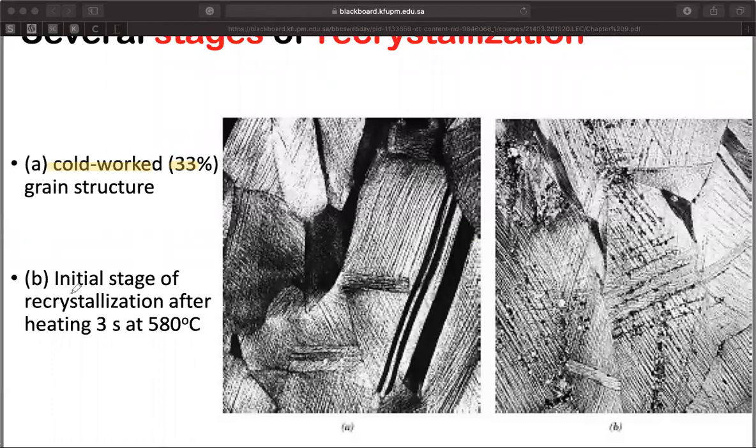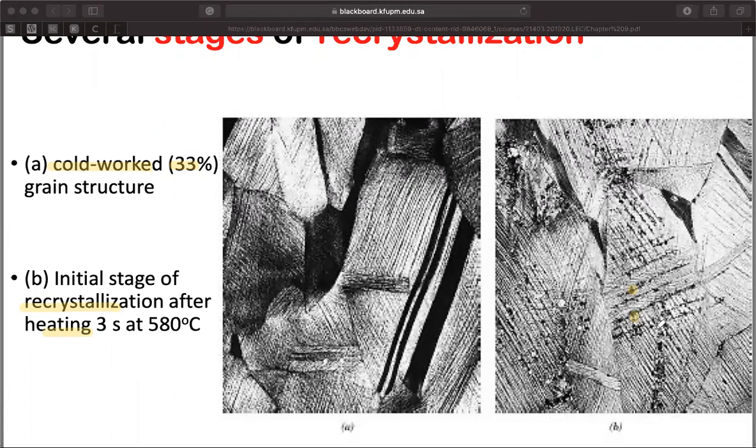If you start to apply some heat, what's going to happen? You start to initiate small black dots over here. If you apply heat during the recrystallization step, you will start to form new regions that have less strain energy, let's call it strain-free.